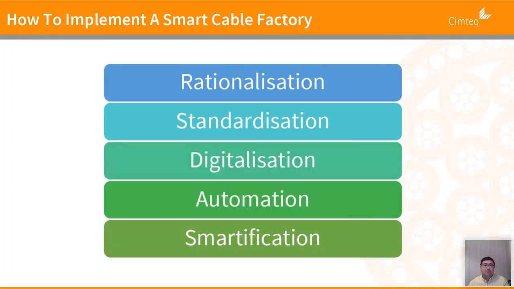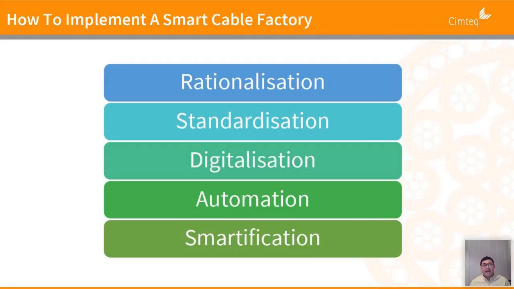Next, how to implement it in a smart factory. I will spend a little more time on this slide because I think it's very important, and it's one of the major ideas I would like to share with you. After talking to quite a lot of factories, they all tell me they want smart factories, but they are in different stages and they want to know where they are, how they can do it, and what's the ultimate goal they can achieve in the end.